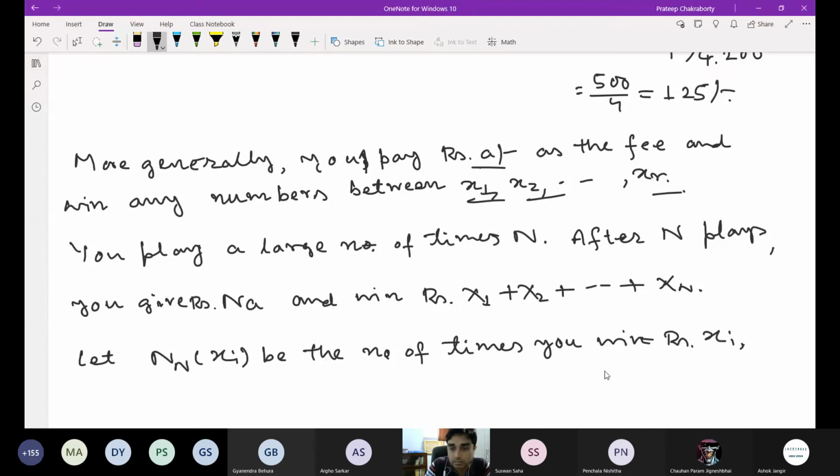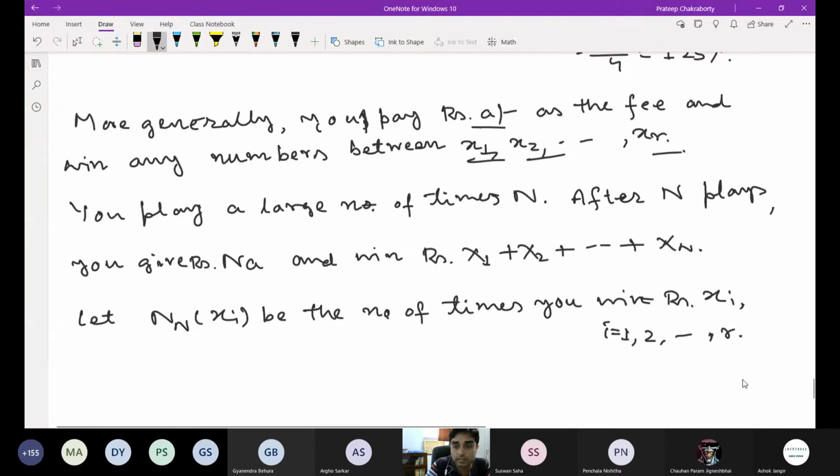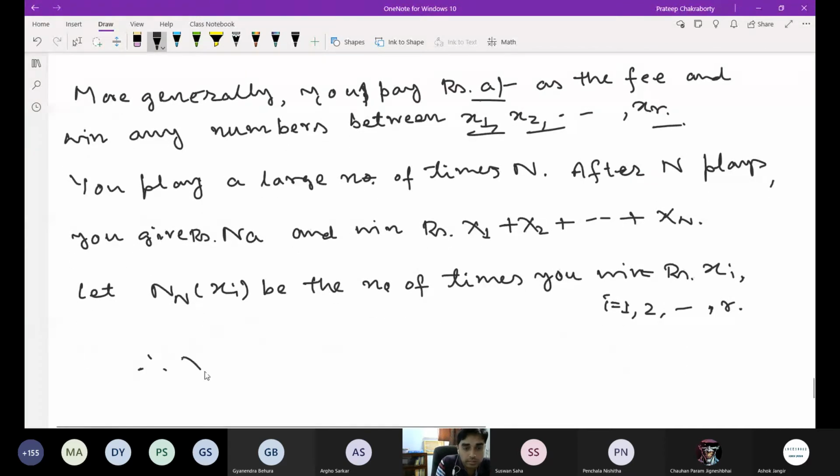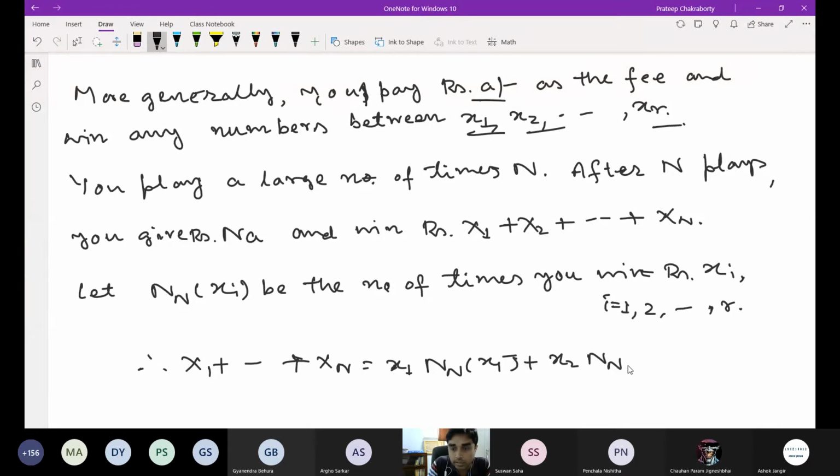Then the total X1 plus up to Xn is x1 N(x1) plus x2 N(x2) plus up to xn N(xn).